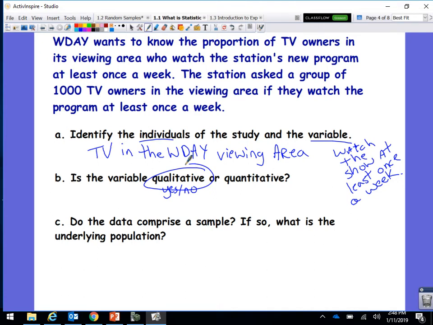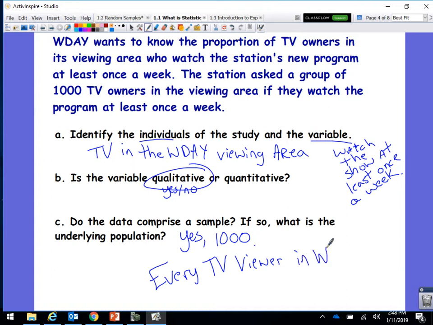Is this a sample? Yes, it's a sample because it's only 1,000 of the viewers. And the underlying population that they're trying to describe would be every TV viewer in WDAY's area.